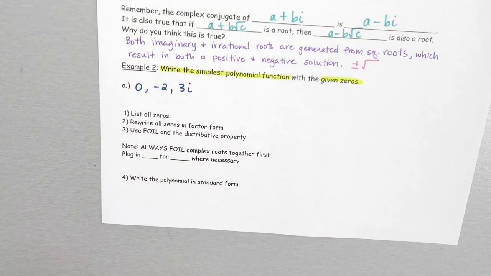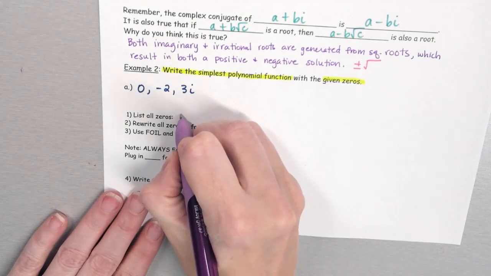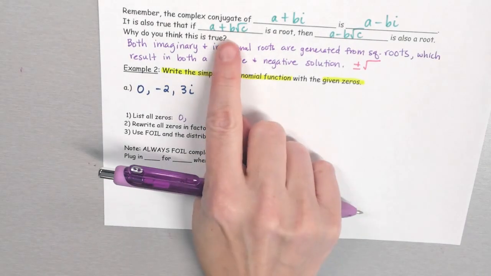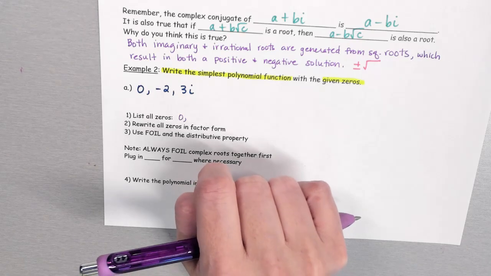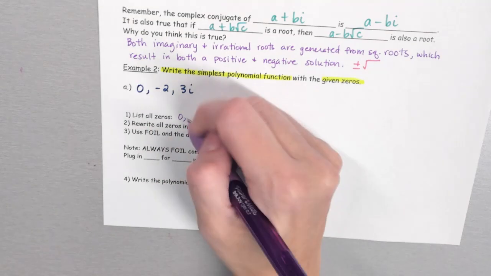0, -2, and 3i. So the first thing I like to do is list what all of my zeros are. So they give me 0. I know that has to be a 0. Is that imaginary or irrational? Right. It's rational, right? So it's not irrational, it's not imaginary, so there's no pair. -2.